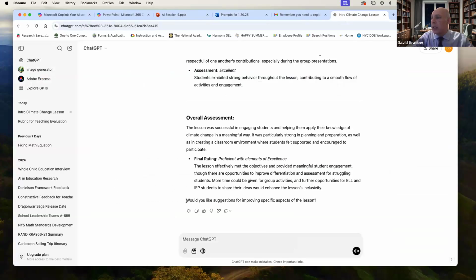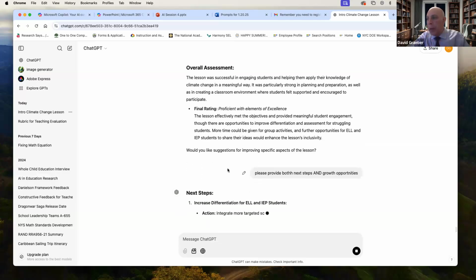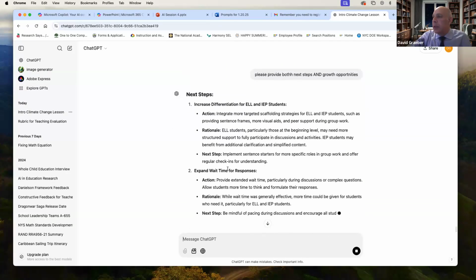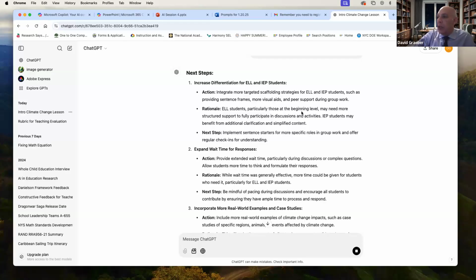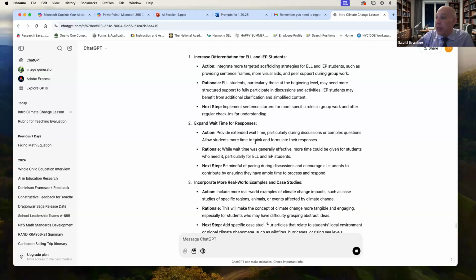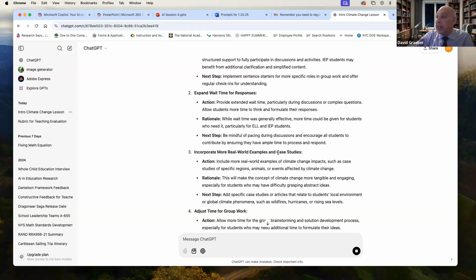I can ask it to please provide both next steps and growth opportunities, right? Increase more targeted scaffoldings. Look at this. Expanded wait time for responses, more real world examples and case studies.